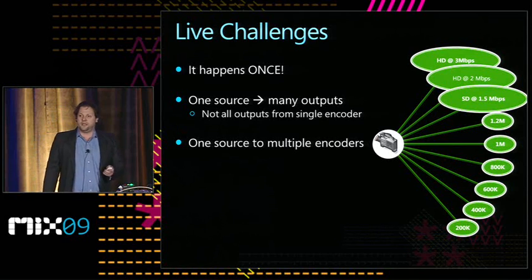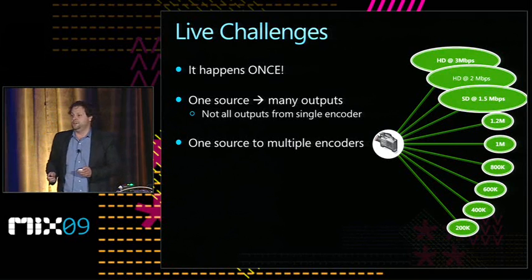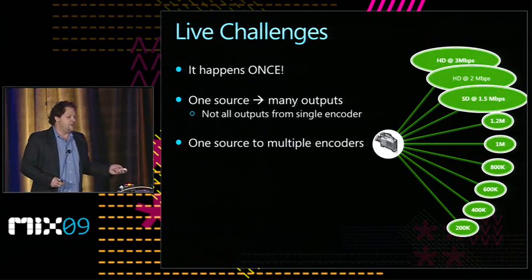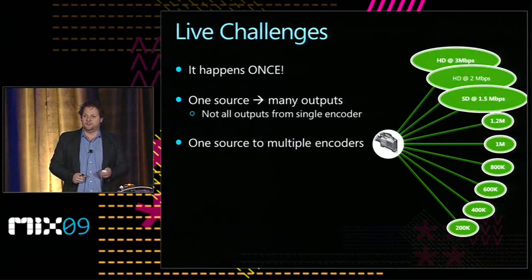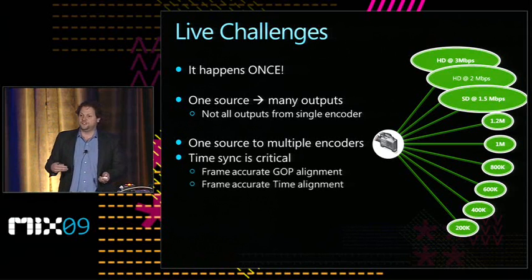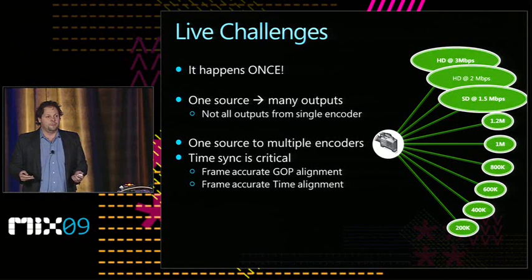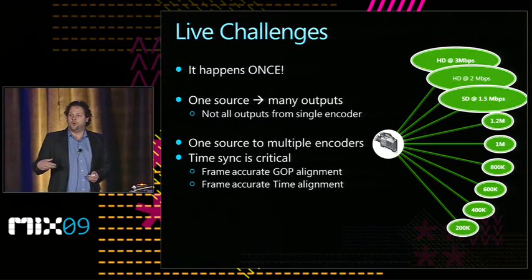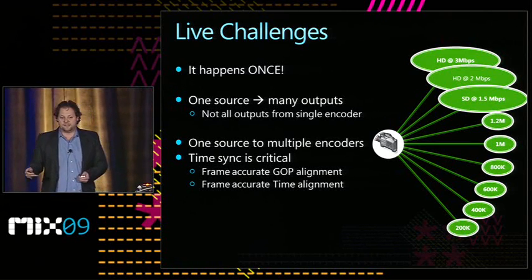Well, it becomes complicated on the smooth streaming side because you can't have one single encoder handle all these levels. You can't have one encoder producing your HD streams, your SD streams, your mobile streams, et cetera. So now you've got one source distributed out to multiple encoders. Well, what this creates is a timing issue. John talked about earlier how different fragments are sent to the player on a request basis every 2 seconds.